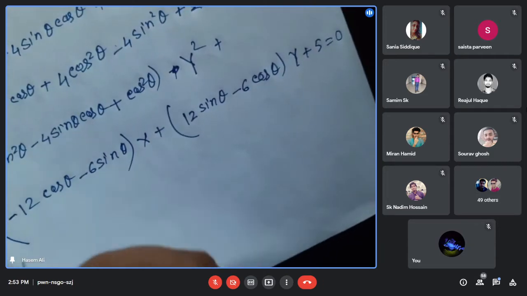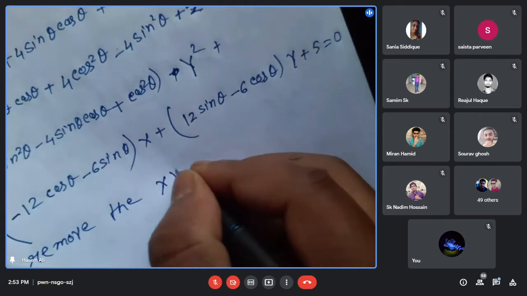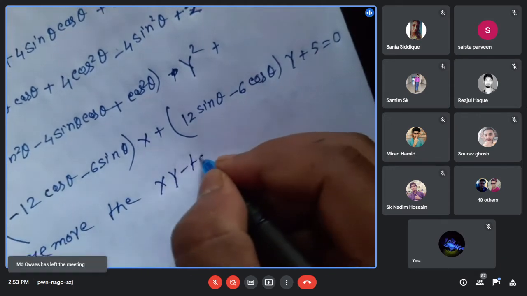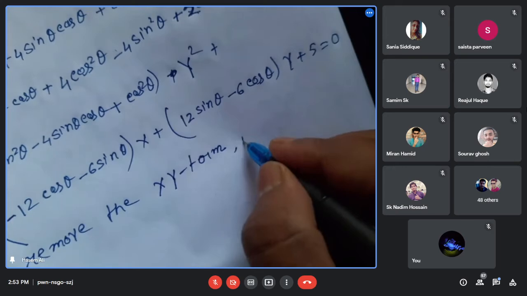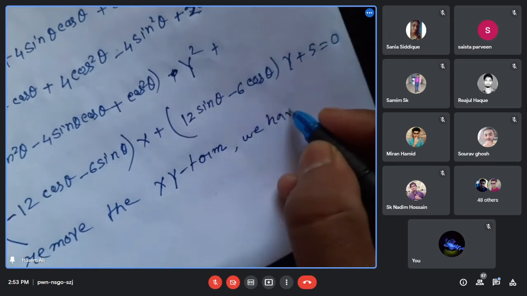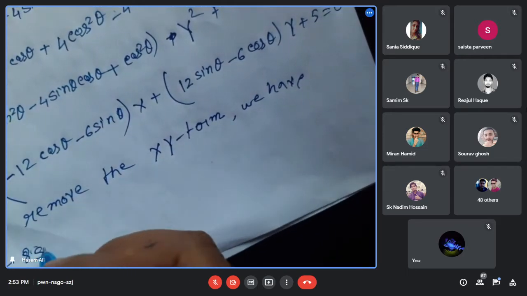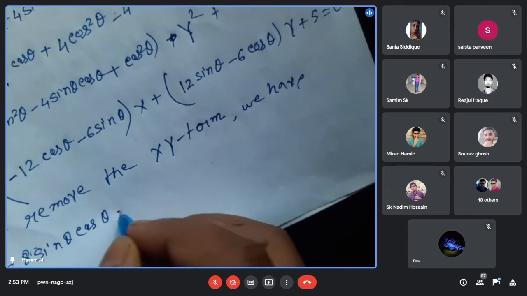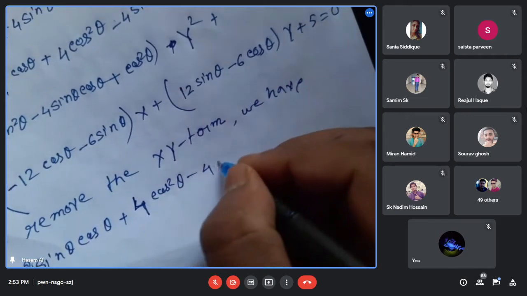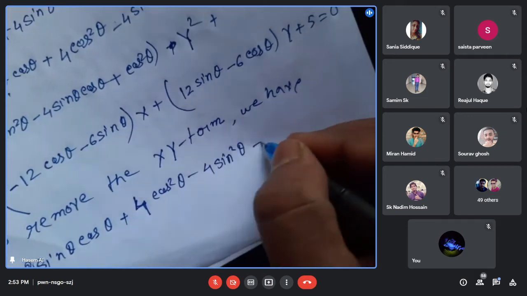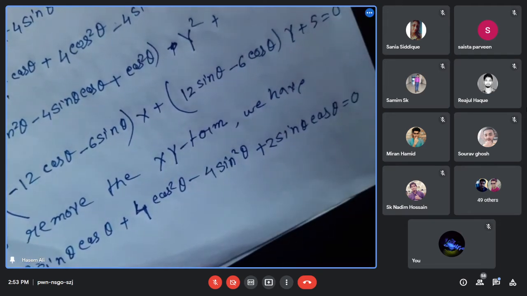Okay. Now to remove the xy term, we have coefficient of xy: minus 8 sin theta cos theta plus 4 cos square theta minus 4 sin square theta plus 2 sin theta cos theta equals to 0.